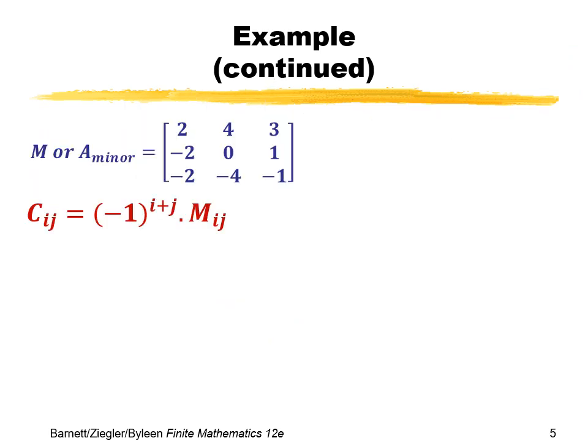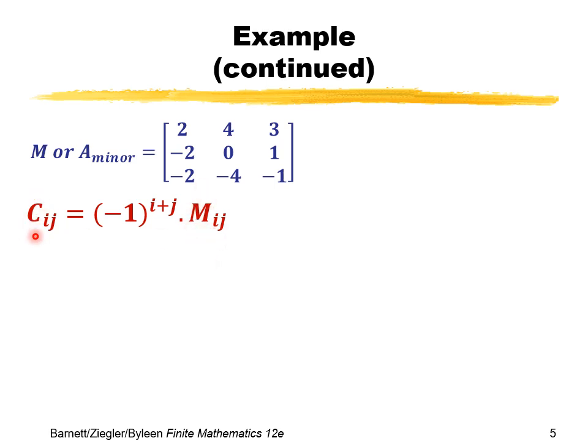After creating the matrix of minors, which is M or A minor, we need to get another matrix, which is the cofactor matrix, or the matrix of cofactors. How do we calculate the cofactor? Using this equation: Cij, the cofactor for the element in row i and column j, equals negative 1 power i plus j times Mij, which is the minor of ij.